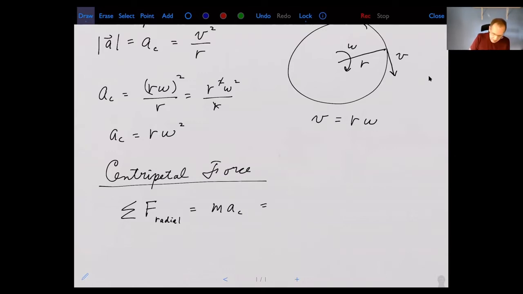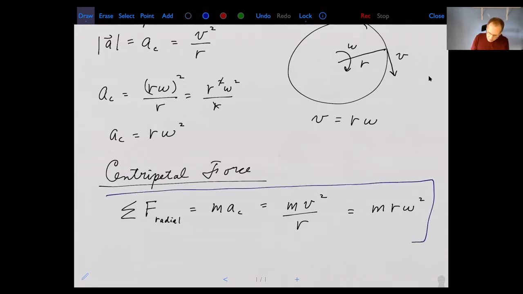So I could write this as either m v squared over r, or I could write it as m times r omega squared, depending on whether I want to use the linear velocity or the angular velocity. Okay, so that's an important equation. We will need to use this later in the lab.